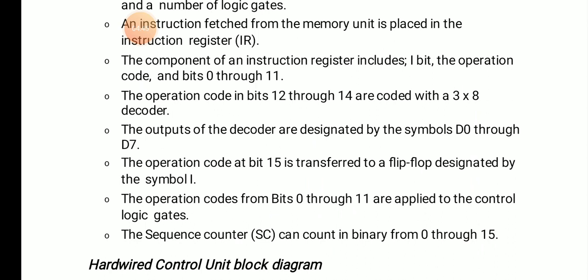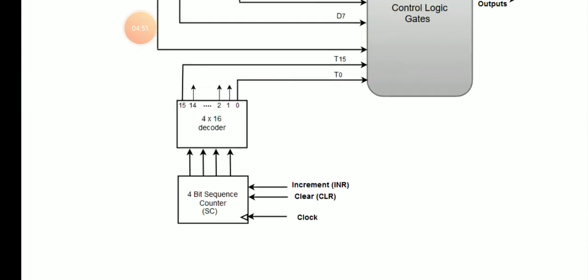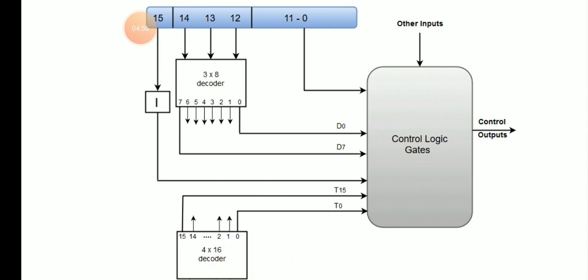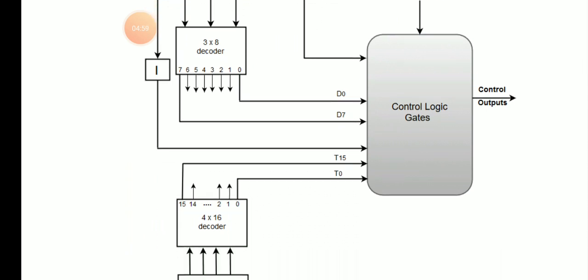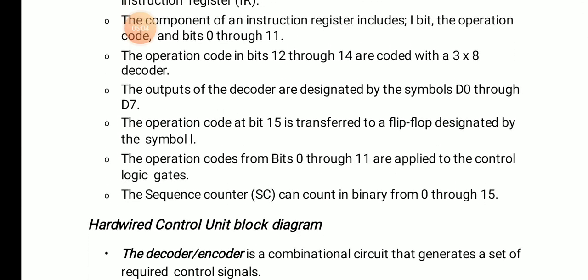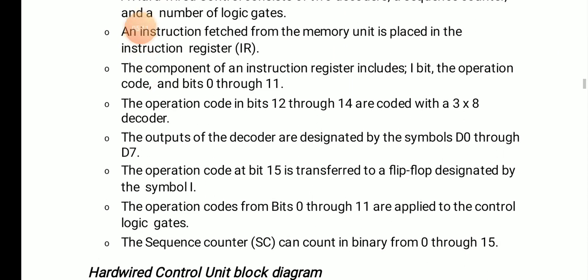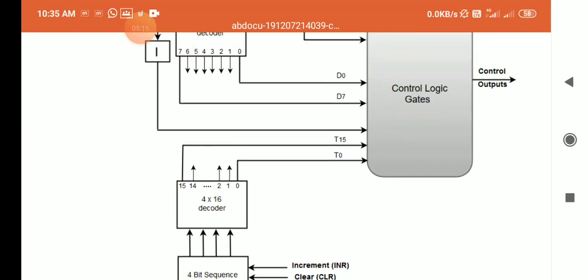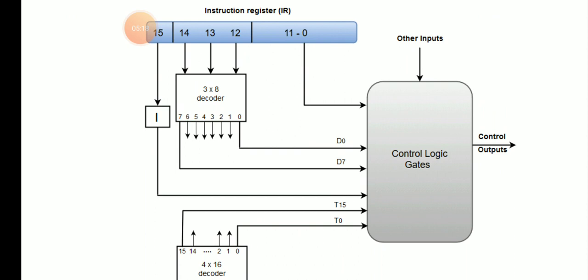Next, the bit 15 of the instruction register is transferred to a flip-flop designated by the symbol I, which is given to the control logic gates. The bits 0 through 11 are applied to the control logic gates.